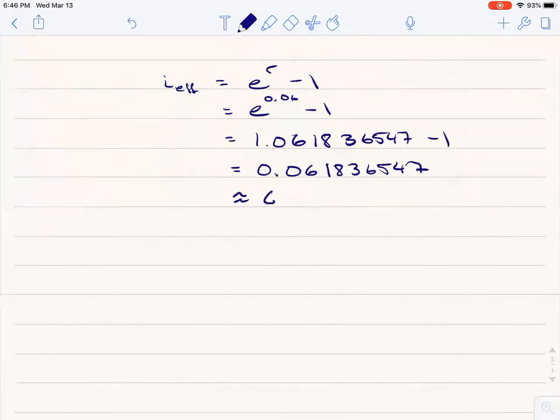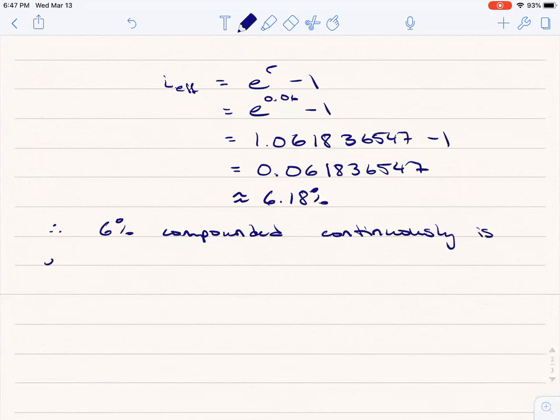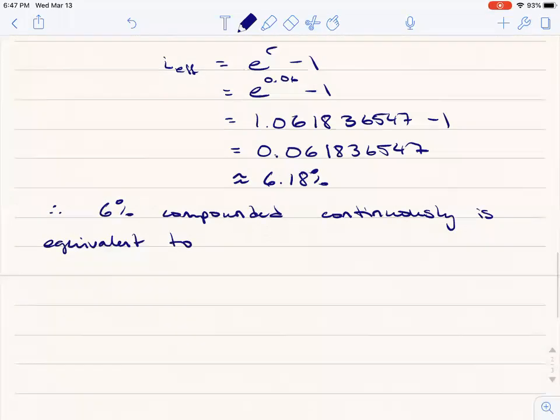So here, rounding this to 6.18%, we can say that therefore 6% compounded continuously is equivalent to 6.18% compounded annually. Because that's what the effective rate is.